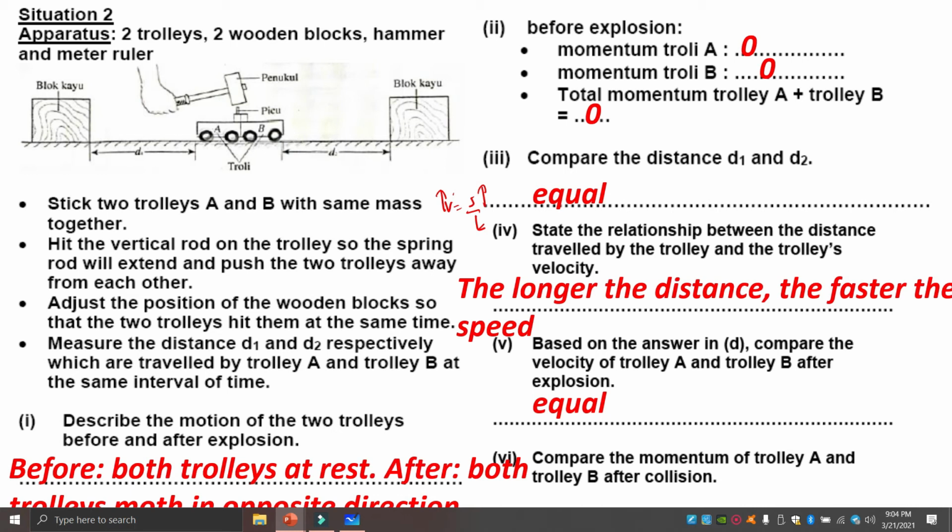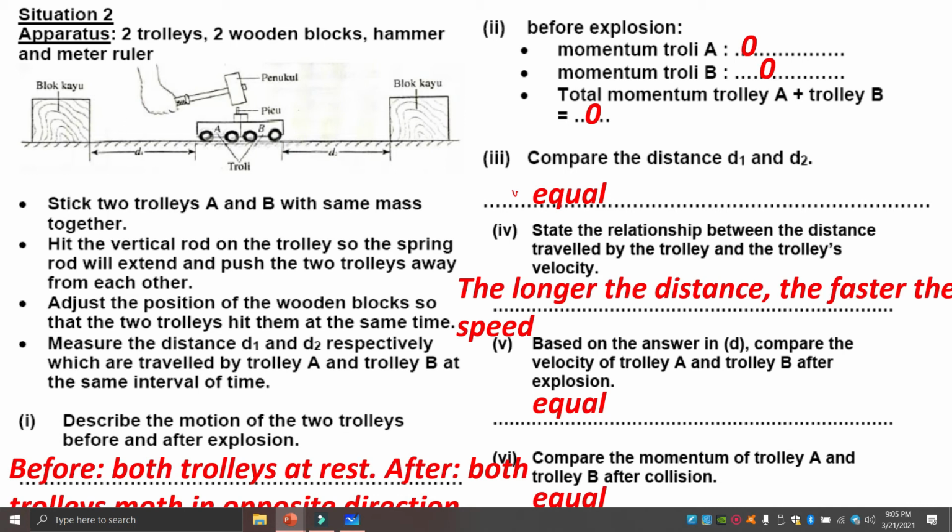Right. And based on the diagram, compare the velocity of trolley A and trolley B after collision. Since the distances are equal, S is equal, so V also must be equal. And compare the momentum of trolley A and trolley B after collision. It becomes equal also.